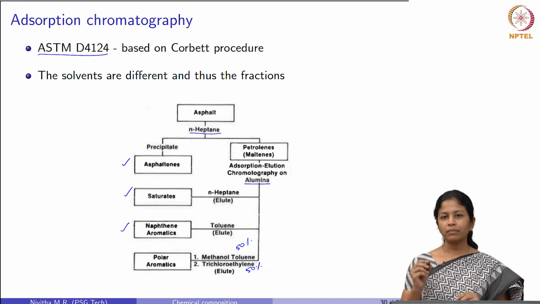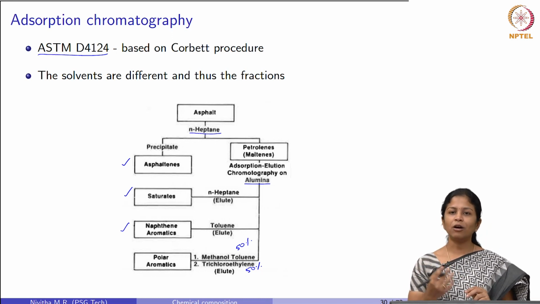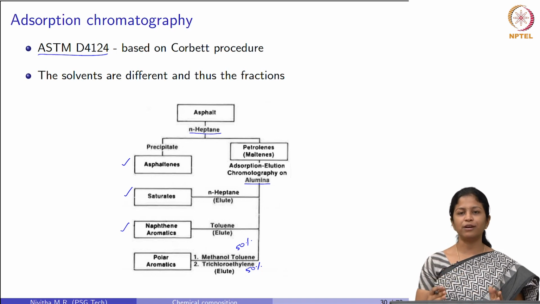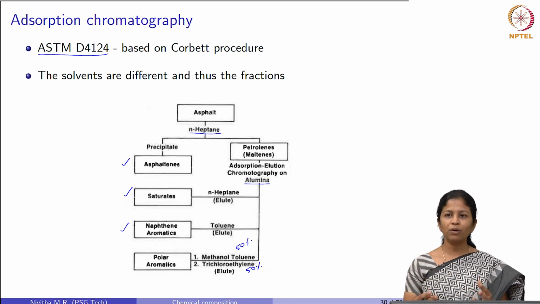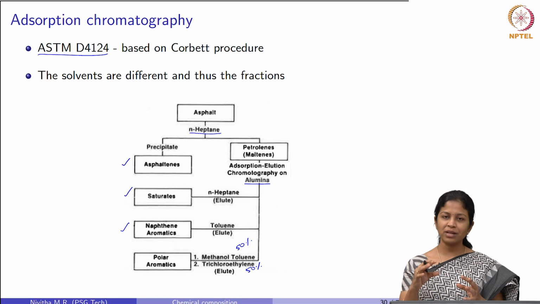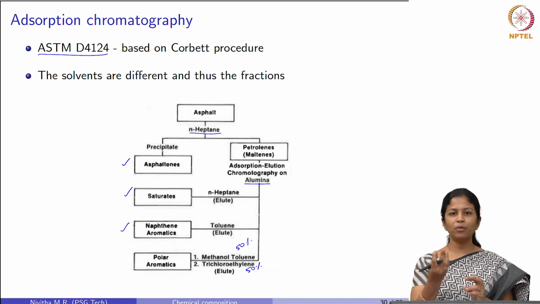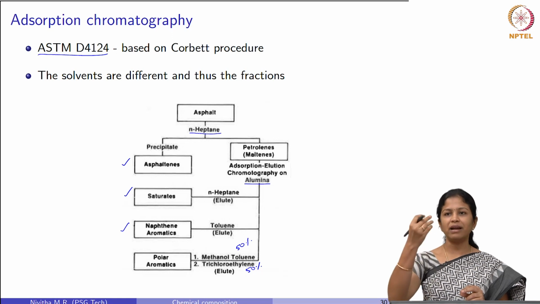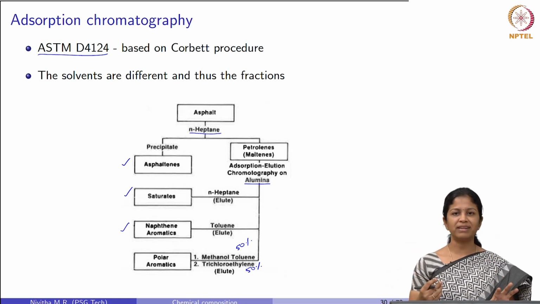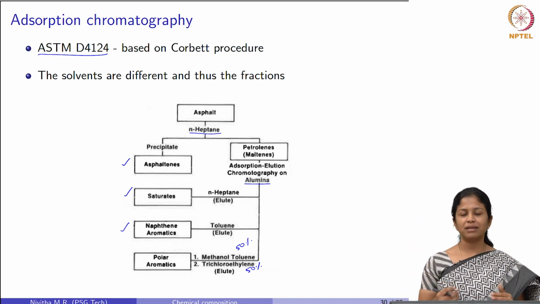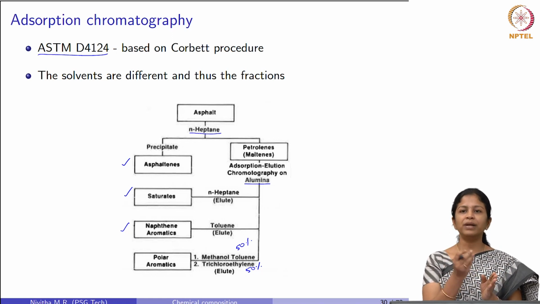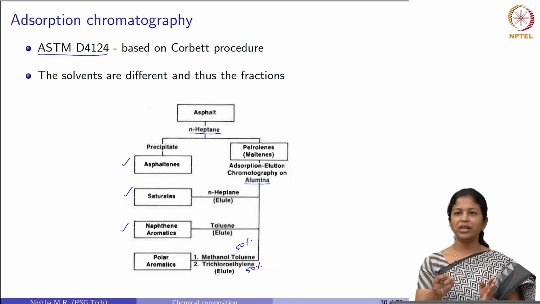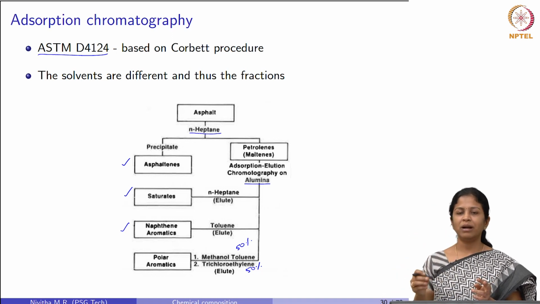There is something very important when you read ASTM D4124. They say that there is no such thing as repeatability for this kind of procedure, because bitumen is heterogeneous, but it forms a homogeneous material. If we take a sample and do this procedure, we will get some results. If we repeat the same procedure on another sample, it is not necessary that we get exactly the same numbers.